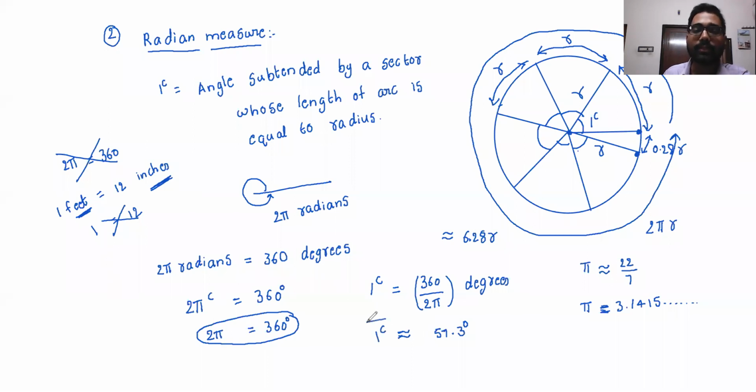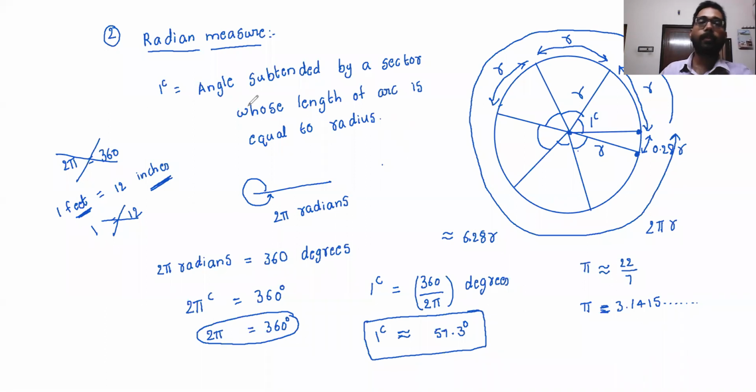So this is the relation between degrees and radians. As I said previously, this is actually very close to an equilateral triangle, but the only thing is one side is a curved side. In an equilateral triangle, all three sides are equal.